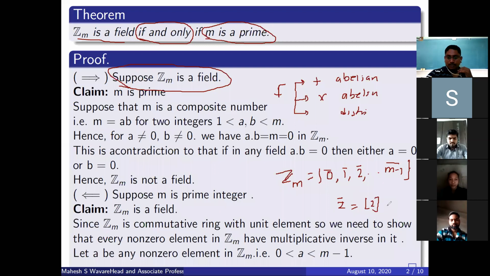So 0, 1, 2, 3 are not elements, they are just sets, and their union gives your Z, and you are collecting the classes in the set of integers modulo m. Further we are not going to apply this notation; all have the same meaning. Once you write Zm, 0 is the same as the class of 0, and all three notations will be the same hereafter.